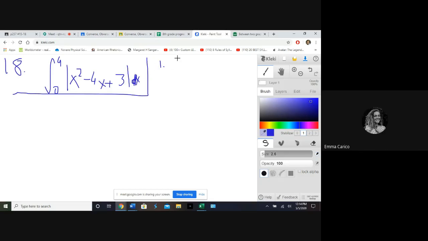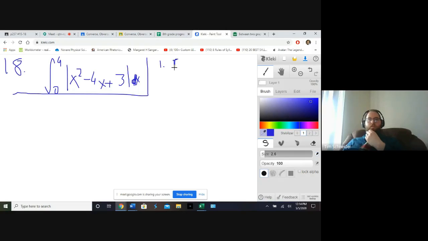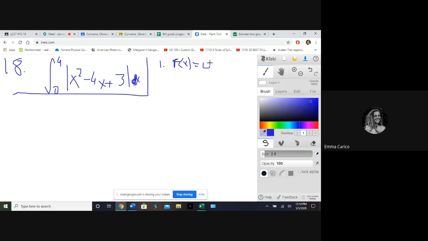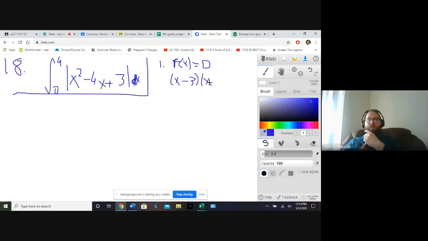Well, factor it. Factor it, right? Times x minus 1. Yes, perfect. Okay, so this is equal to 0 when x equals 3 or 1. So then let's draw out the interval.